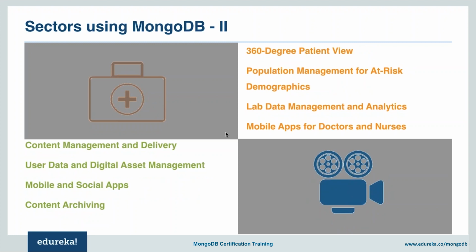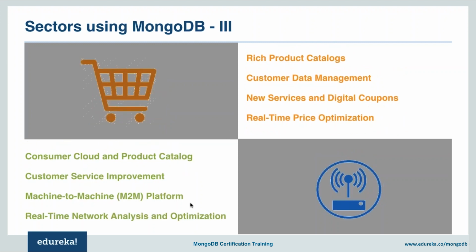Or if we talk about content management and delivery: user data and digital asset management, mobile and social apps, content archiving, 360-degree patient view, lab data management and analytics, that's the healthcare side, mobile apps for doctors and nurses.